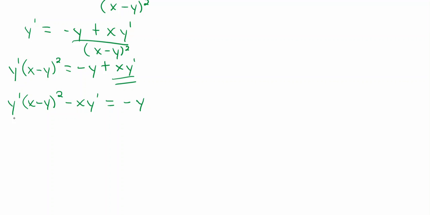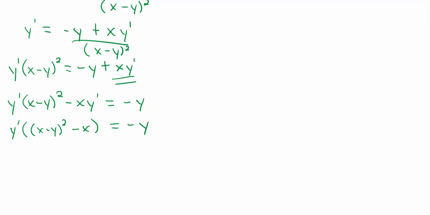Now I've got y prime in this term and y prime in this term. We're going to factor out a y prime. Look at that, I combined those y primes into one. Now I only have one y prime going on. So I've got y prime, and then I write what's left: in brackets, (x minus y) squared, and then I still have minus x, equals negative y.